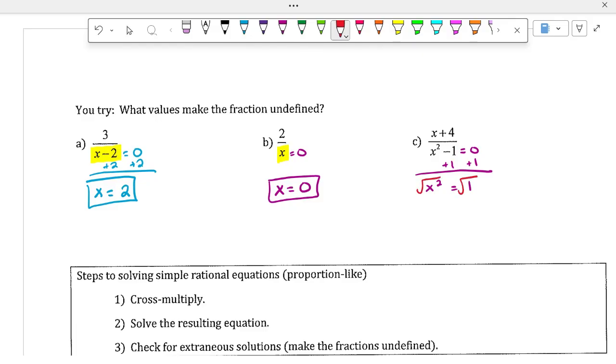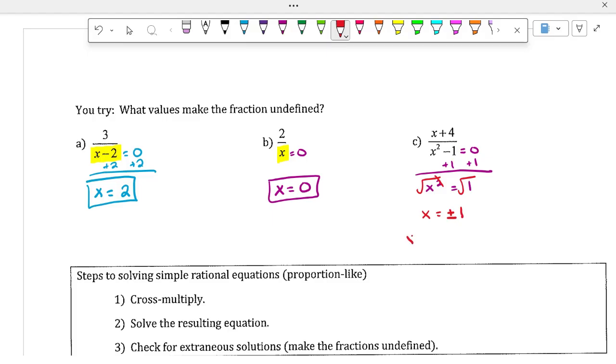Square root both sides. So x is equal to square root of 1 is 1, but what do I have to put in front of it? It's a very special symbol. Plus, minus. Good. So you have to put a plus minus in front of it. Remember, whenever you're solving and you take a square root, you got to put the plus minus in front of it.